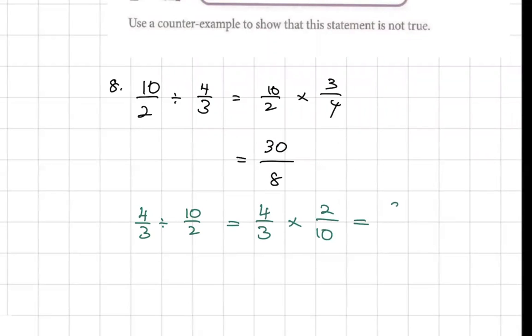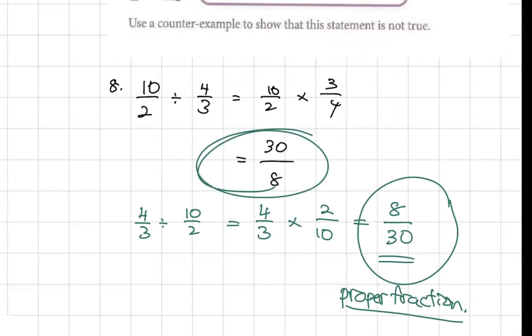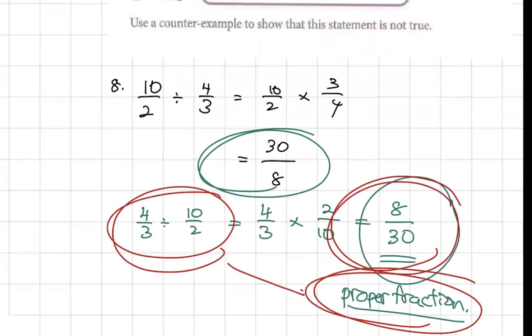Okay, so this is something else. We didn't get an improper fraction. This is a proper fraction. So technically it is partially true, but not completely true. Because this one gets a proper fraction. So that's all for end of unit chapter 7.